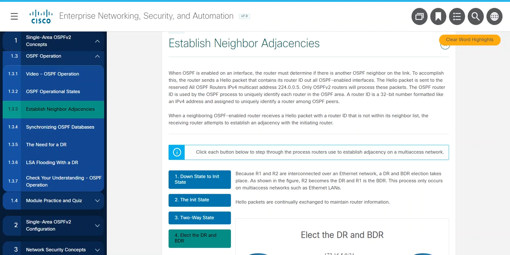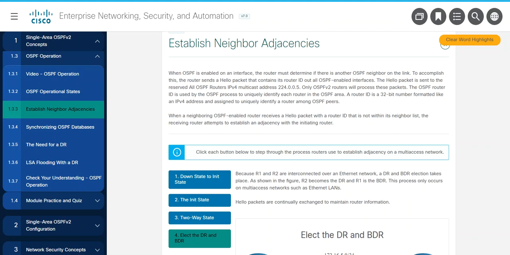You can either configure that using a router ID command. So it's just router ID and then whatever the valid address is that you want to use. If that's not used, then the highest IP address on a loopback interface is used. If you don't have a loopback interface, then it uses the highest IP address.